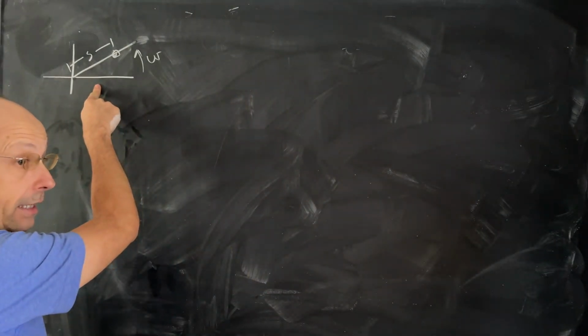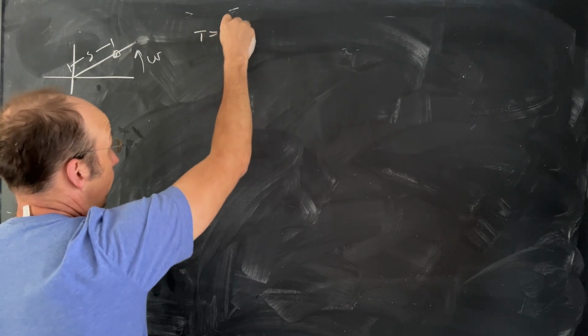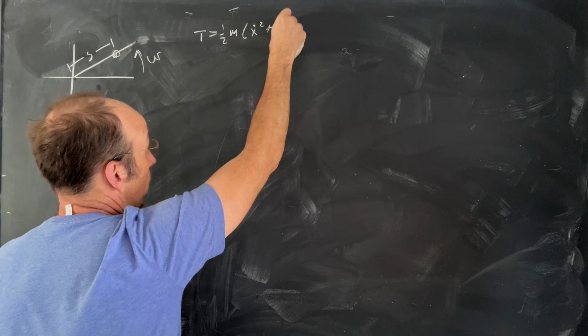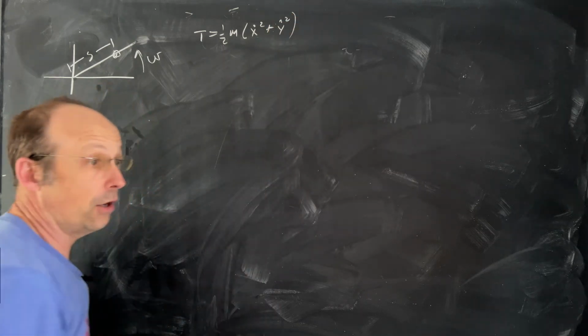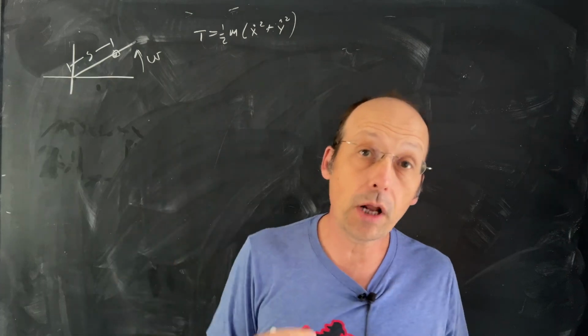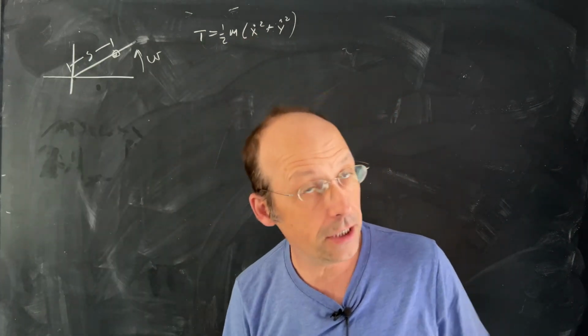Now I need to write the kinetic energy. So of course we write the kinetic energy as 1/2 m (x dot squared plus y dot squared). I know the kinetic energy in Cartesian coordinates, so I always want to write that down. Now what I want to do is write my generalized coordinate in terms of my Cartesian coordinates.